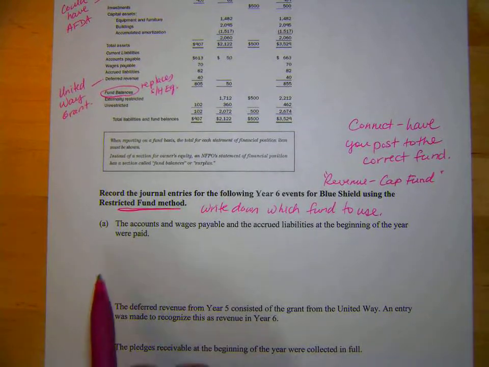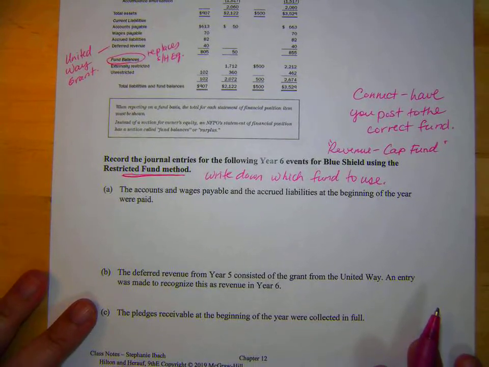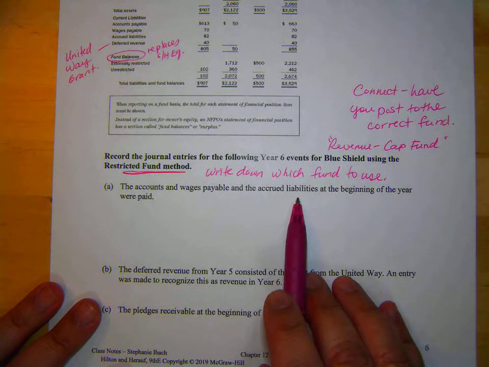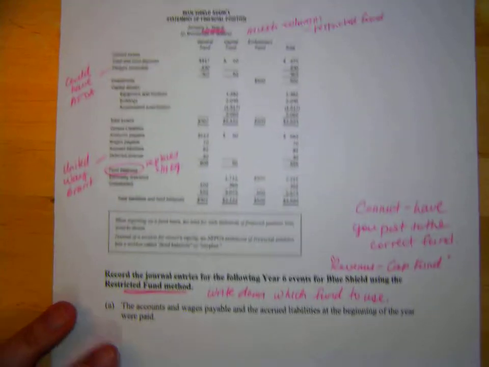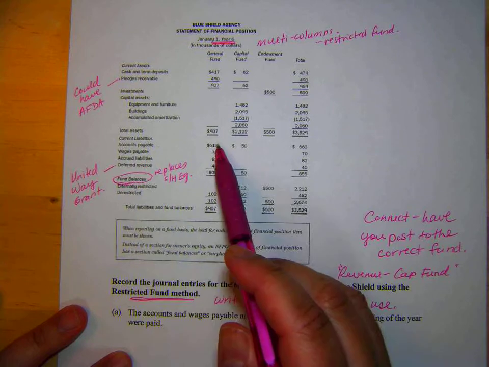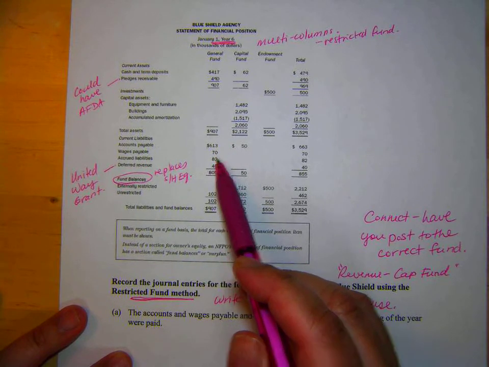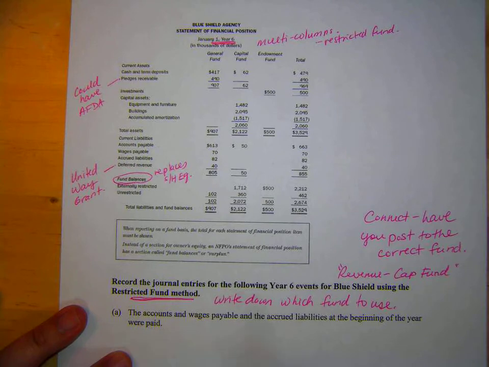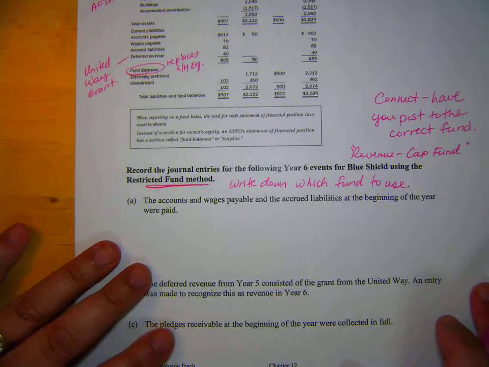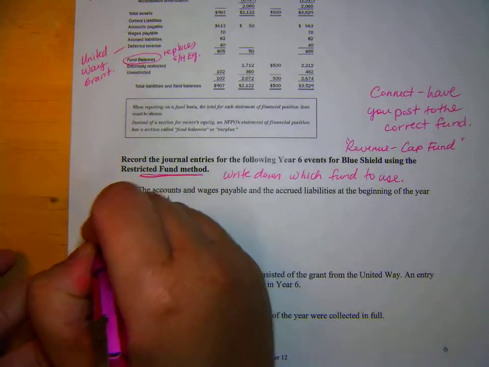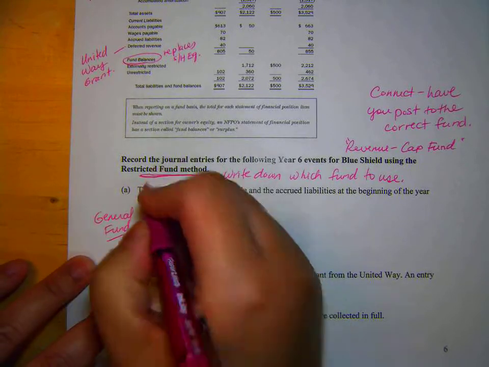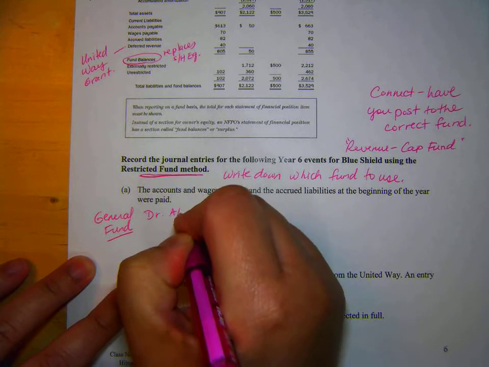Accounts and wages payable and accrued liabilities at the beginning of the year were paid. So we go to accounts payable, wages payable, accrued liability. Notice we have 3 in the general fund, 1 in the capital fund. So we're going to need 2 different entries, 1 for the capital fund, 1 for the general fund. So under the general fund, we're going to pay off accounts payable, pay off wages payable, and pay off accrued liabilities.